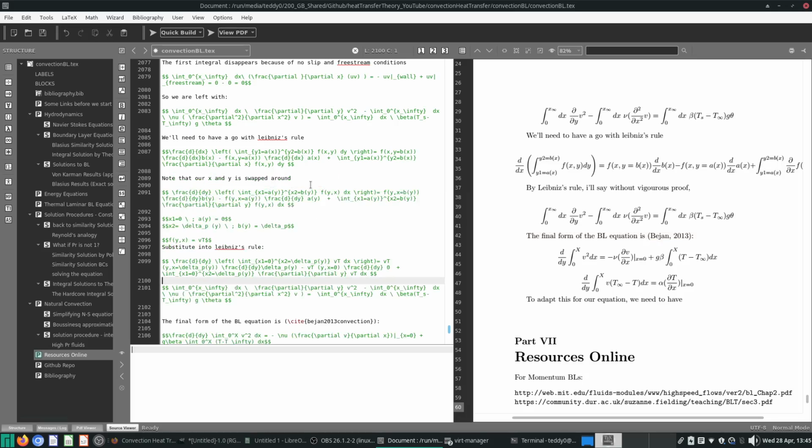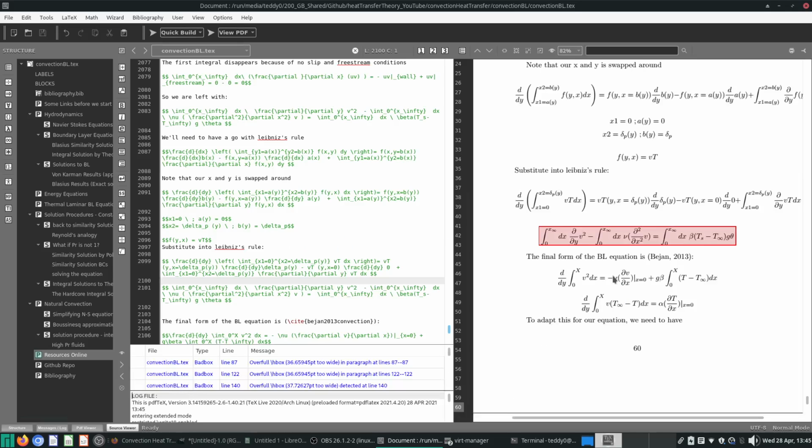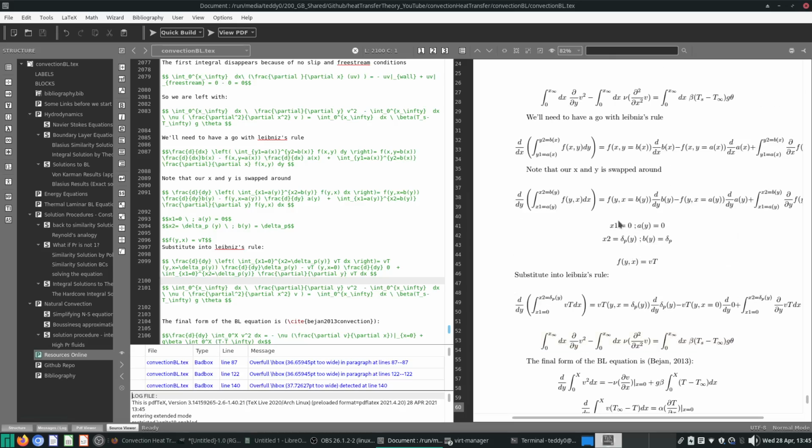Again our x and y are swapped around. We'll have the same limits, where I have this delta p being the boundary layer, or we can use x infinity if you want.